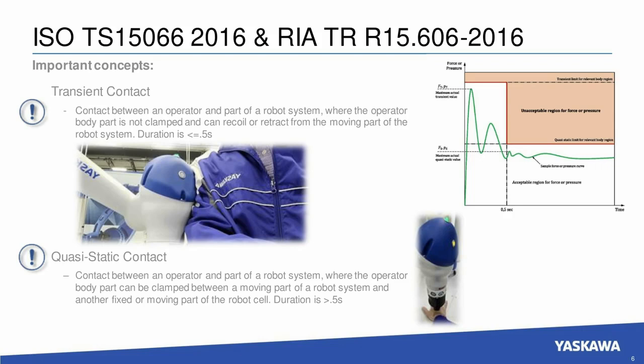Means it's pinched or stuck between part of the robot system and a fixed or moving part of the robot system. Think of a fixture. And also note for quasi-static that the force and pressure measurements must remain at or below the acceptable limits for half a second and then the entire duration.